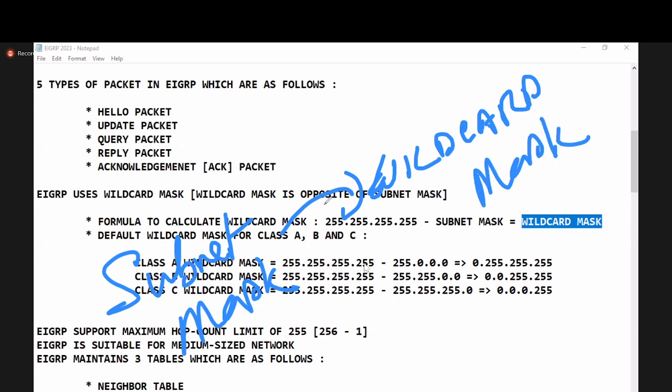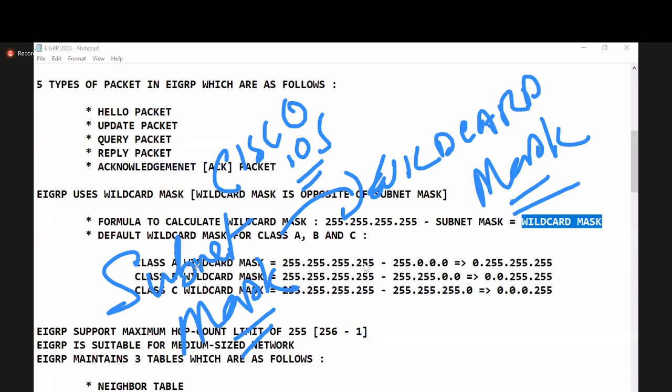Now, who performs this conversion? This is your Cisco IOS. Cisco IOS will automatically convert your subnet mask to wildcard mask. So if you configure EIGRP with a subnet mask, it will be converted into wildcard, and Cisco IOS performs that. That is why you can configure the network address in EIGRP using either the subnet mask or the wildcard mask. It is totally up to you.